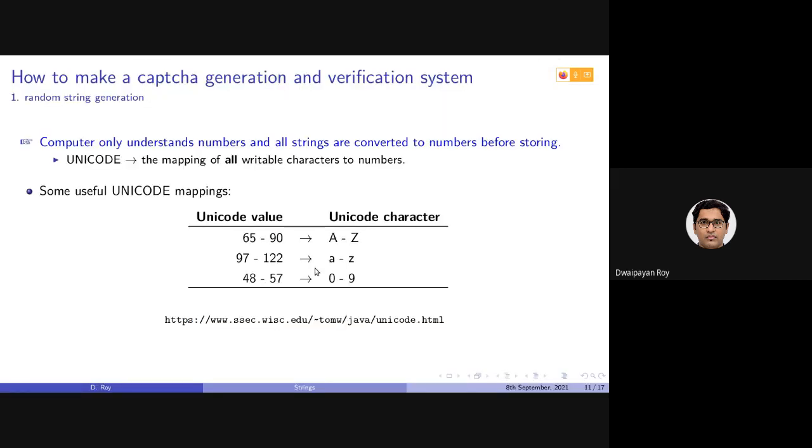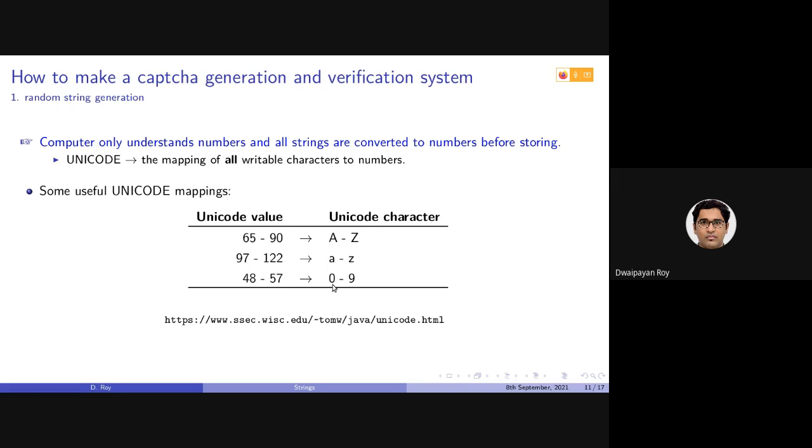Now, these are some of the useful Unicode mappings. 65 to 90 is associated with capital A to capital Z. 97 to 122 is associated with small a to small z. And of course, another thing is 0 is not actually 0. 0 is 48.